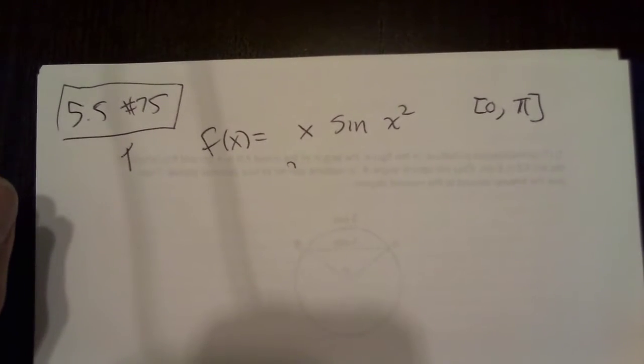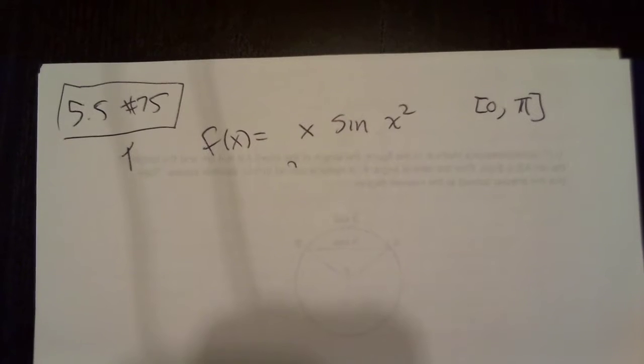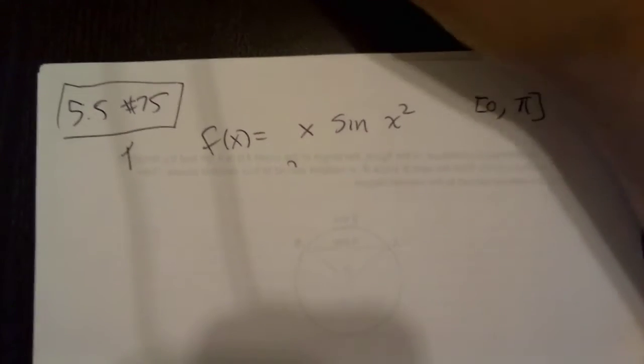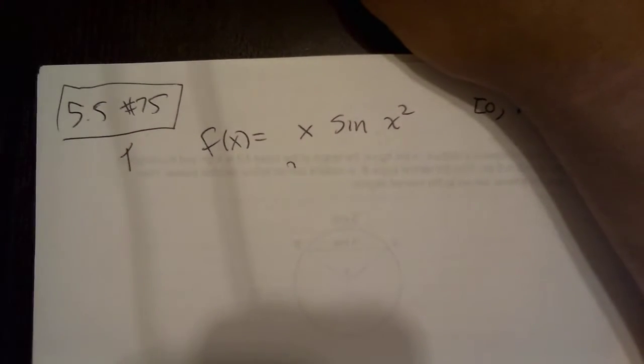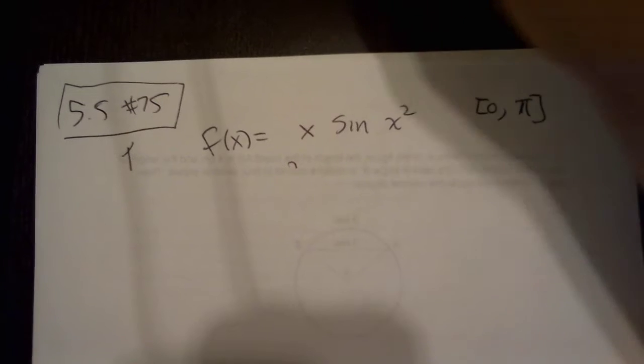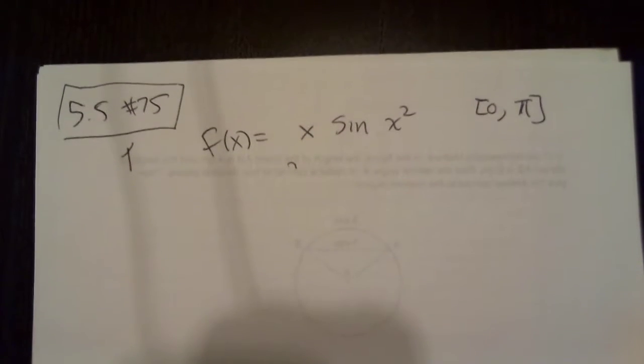All right, so if we have a graph of this, just to kind of see what this would look like here. We don't really need a graph, but just so we get an idea of what it is that we're graphing here, or we're trying to find out. So let's see, we have x sine of x squared.